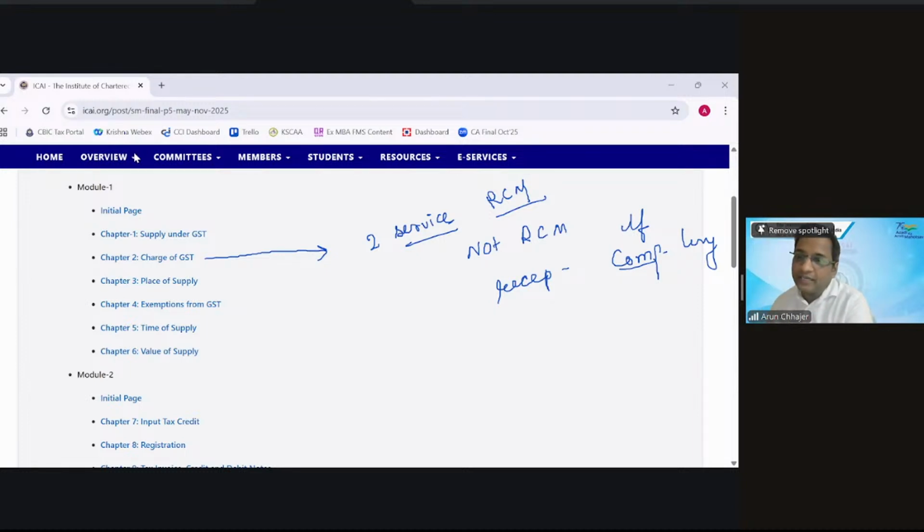Tell me the name of the two services which will not be covered under RCM if the recipient is a composition dealer.